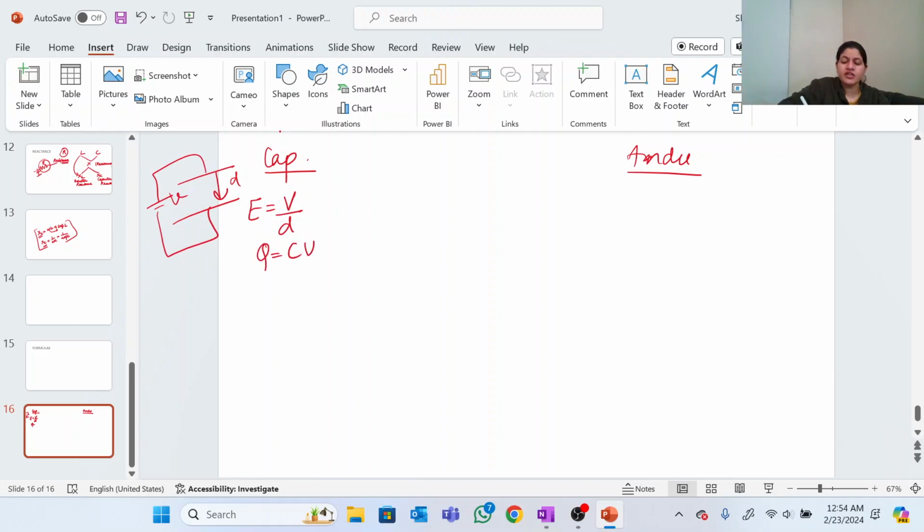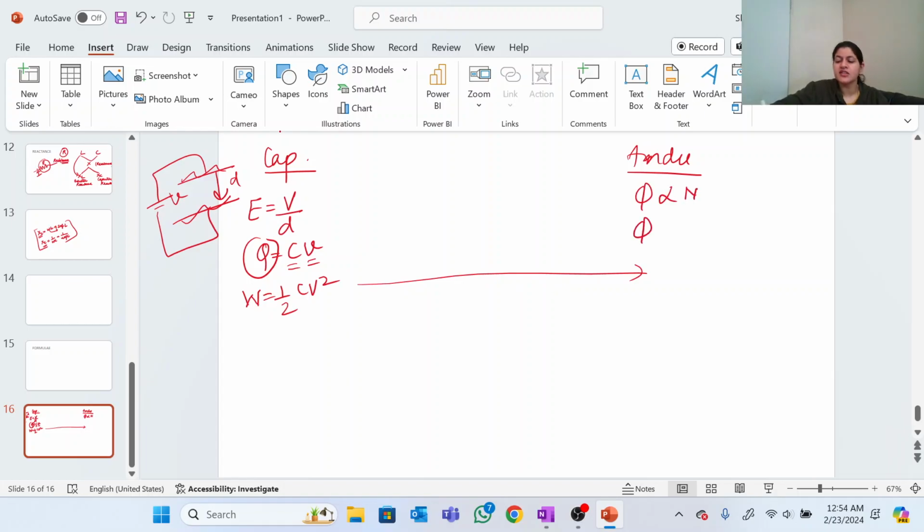Then Q is equal to C into V, the charge stored over the capacitor is equal to capacitance into voltage. Then W is equal to half CV square. From here we can write phi, the flux, is directly proportional to the number of turns. Flux is equal to Li. Then here W is half Li square.